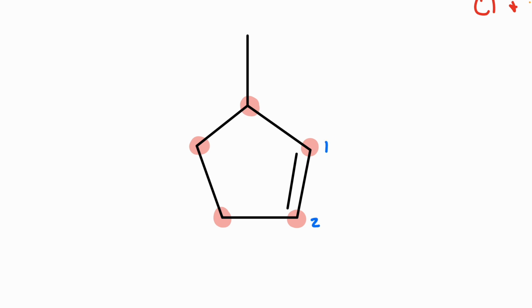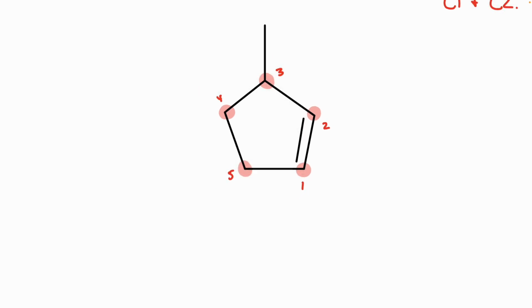So I can either go from here 1, 2, 3, 4, 5, or we can go the other way 1, 2, 3, 4, 5. Which one do we want to pick? Red or blue? Red, right? We want to put that methyl group on the lowest possible number. There's no rule about clockwise or counterclockwise, right? These are 3-dimensional objects. You can pick it up and flip it over.